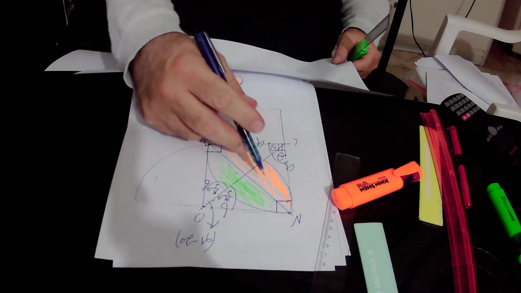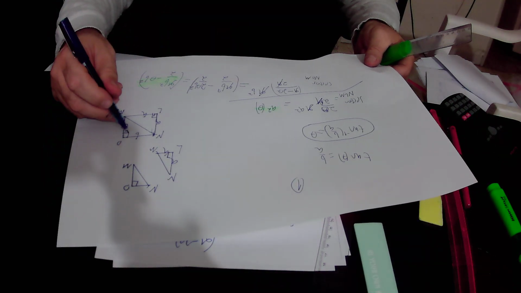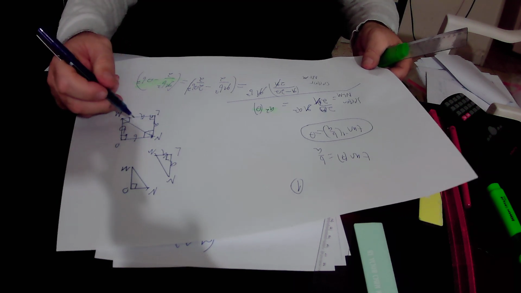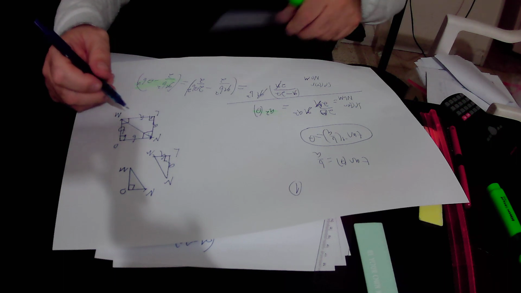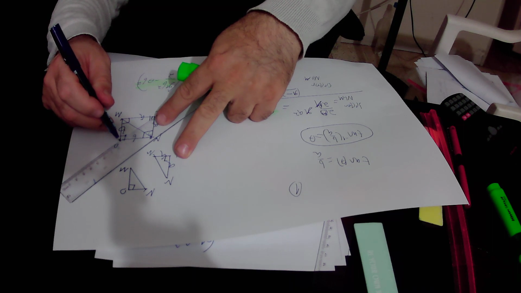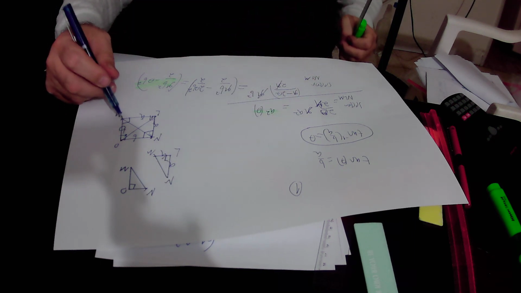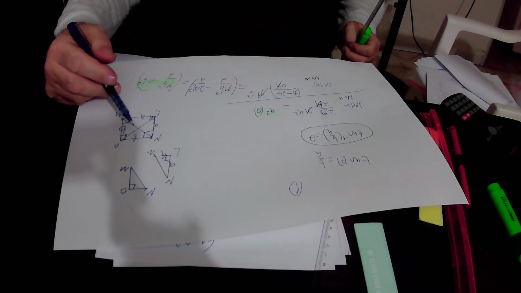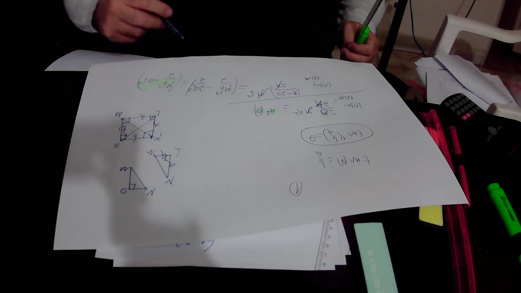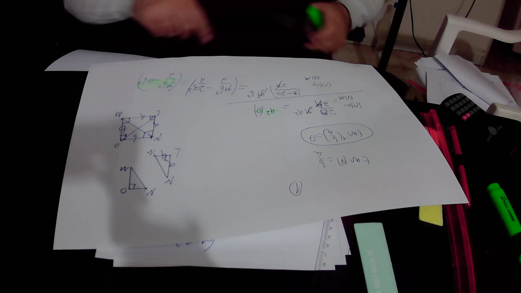Actually, those two angles are right angles. This is not here, but those two angles are right angles. So we'll join points L and O together by a straight line. The sum of the areas of the two triangles that we have to subtract from the area of the two sectors is actually the area of quadrilateral NOLM. The area of quadrilateral NOLM consists of two right triangles.